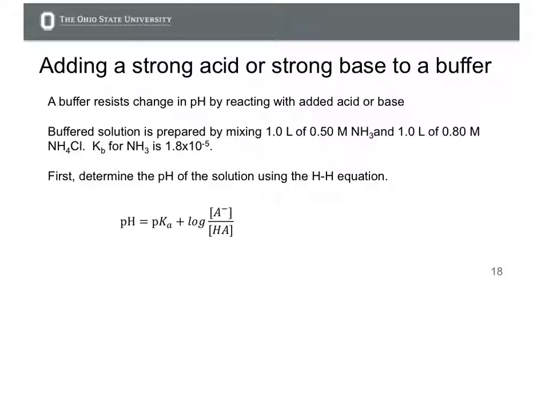If we make a buffer with 1 liter of 0.5 molar ammonia, and 1 liter of 0.8 molar ammonium chloride. Okay, we're given a Kb value. First thing we can do is determine the pH of the solution. And then what we're going to do is add strong acid, or actually, I think we're going to, let's go back to slide 18.